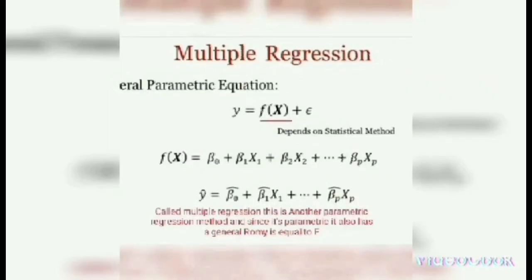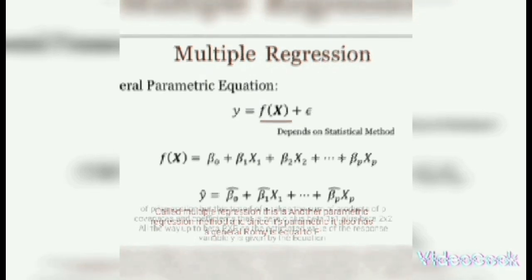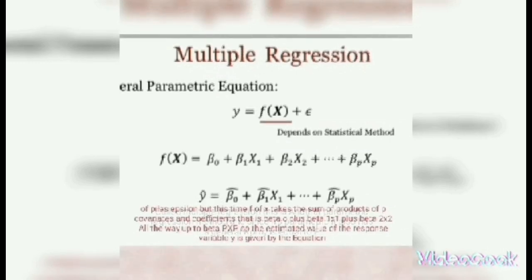Called multiple regression, this is another parametric regression method, and since it's parametric, it also has the general form y is equal to f of x plus epsilon, but this time f of x takes the form of the sum of products of predictors and coefficients, that is beta 0 plus beta 1 times x1 plus beta 2 times x2 all the way up to beta p times xp.